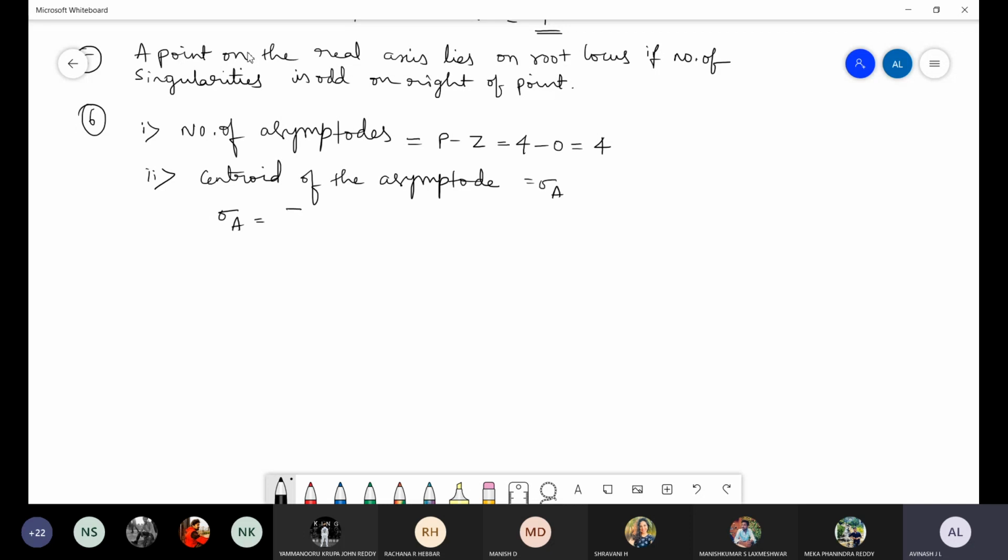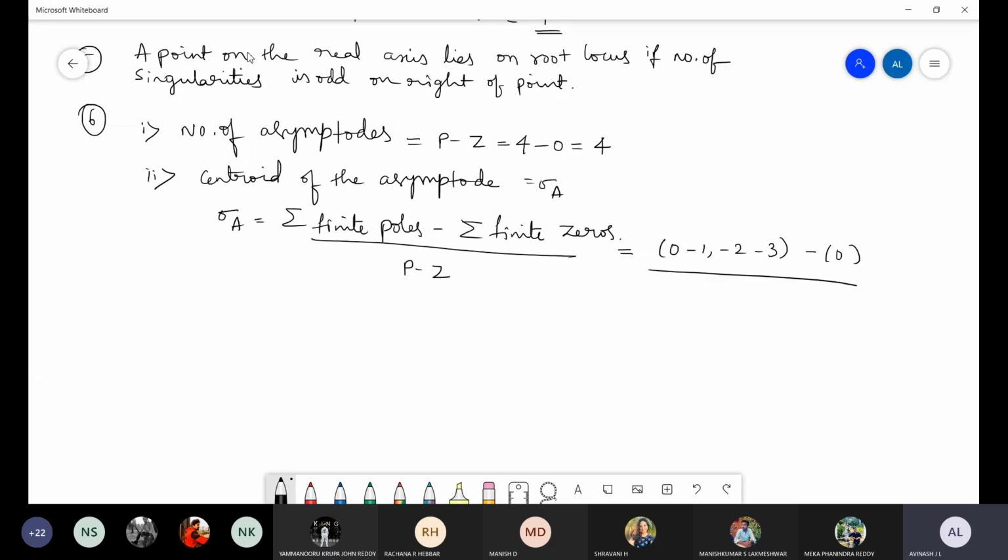Sigma A is equal to the summation of finite poles minus the summation of finite zeros, divided by P minus Z. The summation of finite poles is 0 minus 1 minus 2 minus 3, and there are no zeros. So divided by 4 minus 0, you will get sigma A equal to minus 1.5. Please check it out.